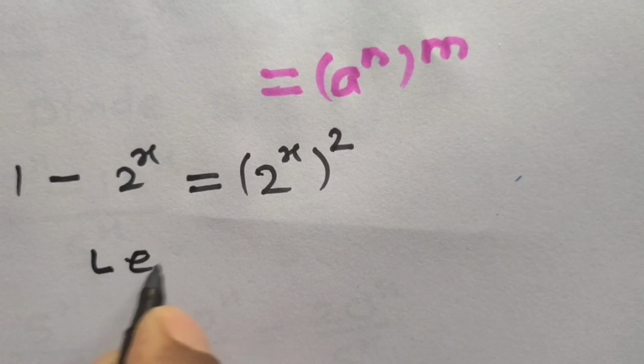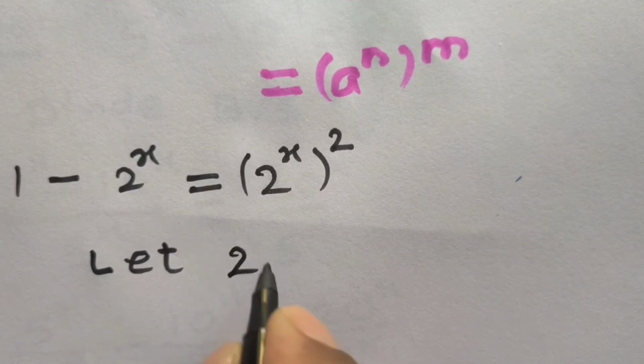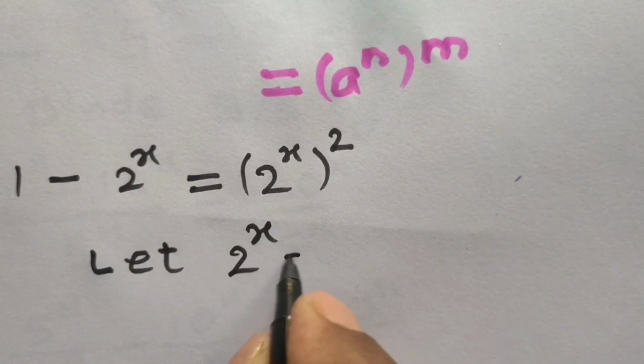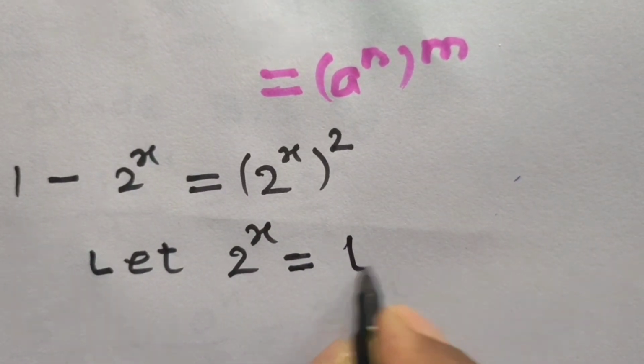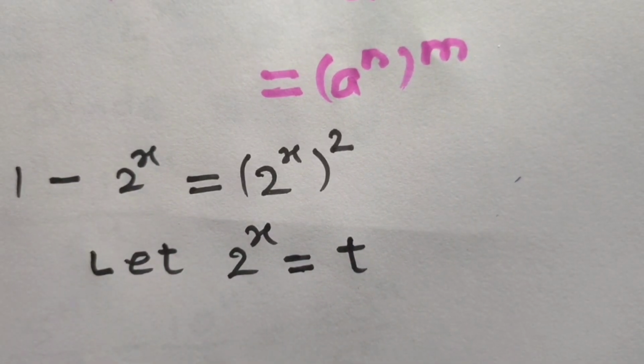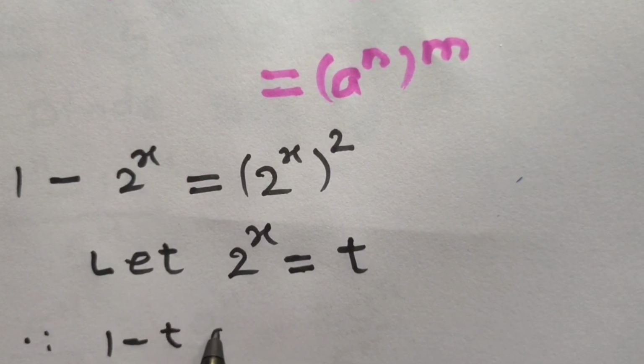Let 2 to the power x is equal to new variable t. Substitute on both sides, then this equation becomes 1 minus t is equal to t square.